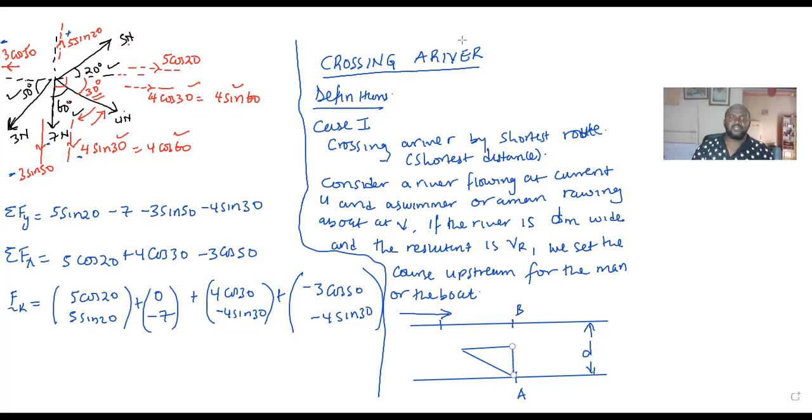In that sense, we set the course at point C. Then this swimmer or the boat, moving at a velocity V, with the river blowing at a current U, gives the resultant VR. So the person can set the course at an angle theta to the bank. This is called the river bank.